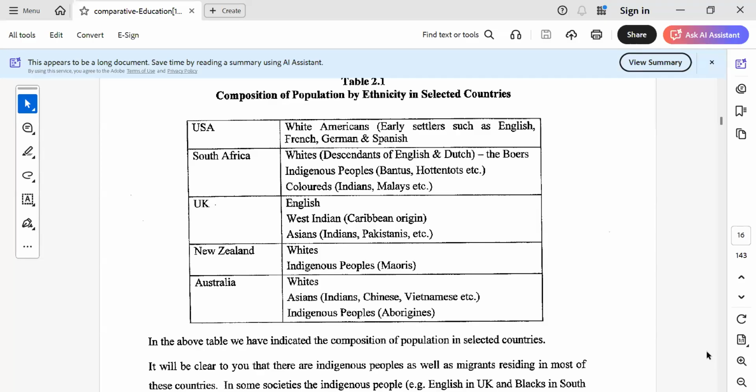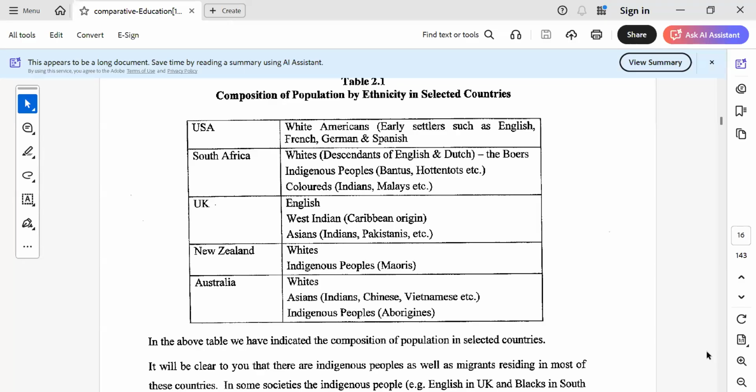And the third country, UK, English, West Indian, Caribbean origin, and Asians, Indians, Pakistan. Now in UK, Sri Lankans are also there, right? New Zealand, whites, indigenous people, Maoris. Even in New Zealand, the Sri Lankan population is also there now.